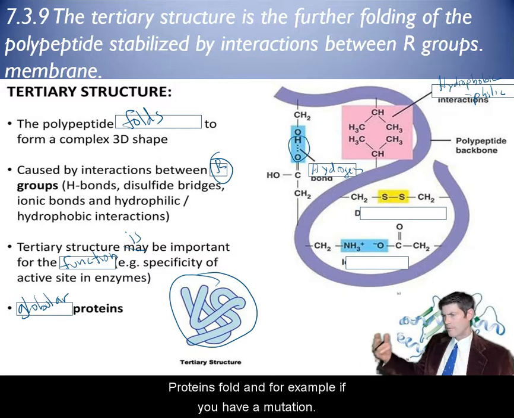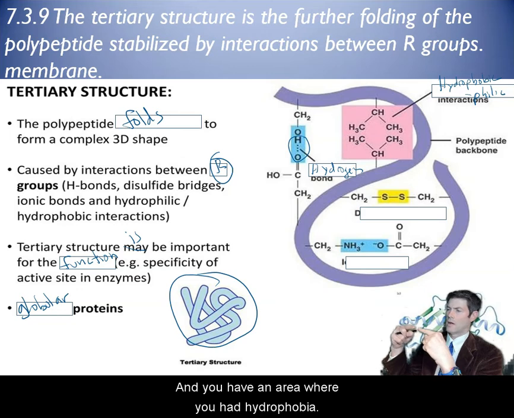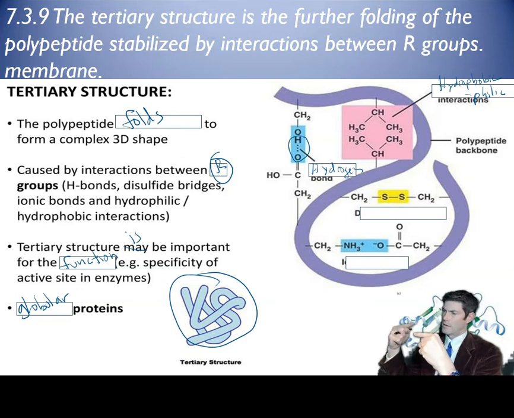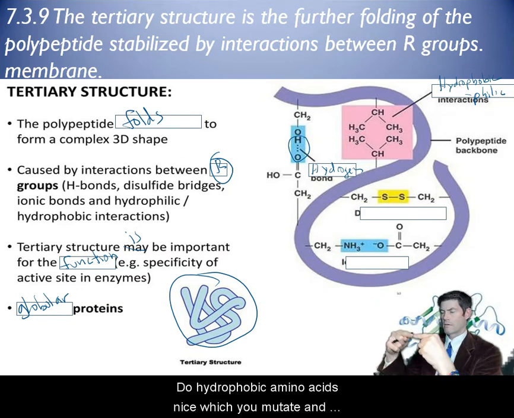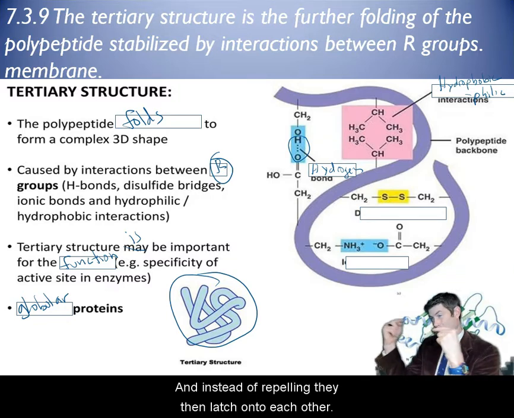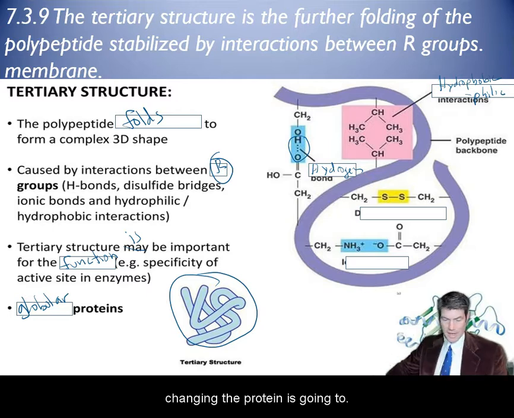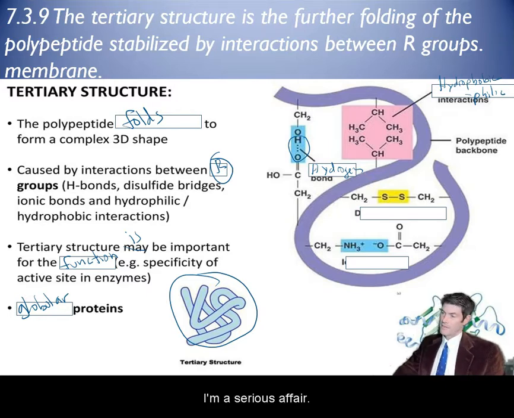For example, if you have a mutation and you had an area with 2 hydrophobic amino acids, and then you mutate and now it's hydrophilic, instead of repelling, they latch onto each other. That's going to cause a change in the protein that's going to have a serious effect.